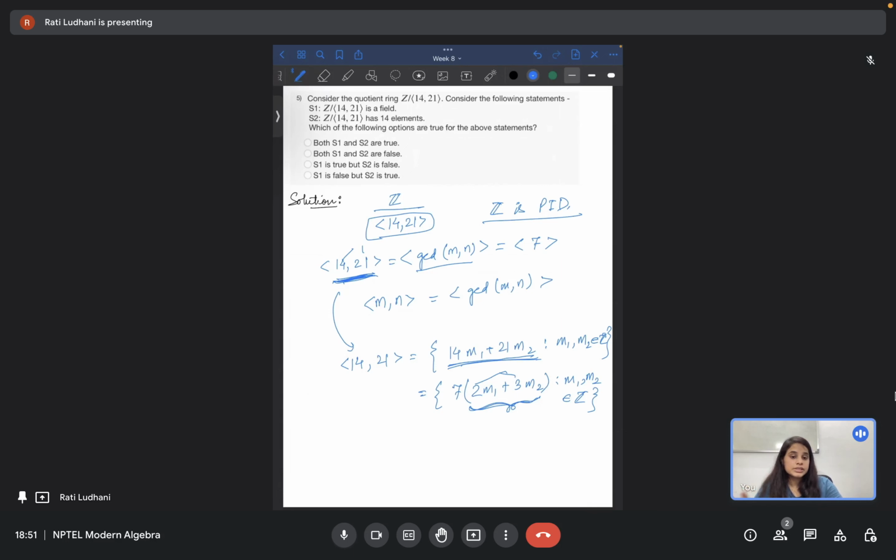So that means there exist M1 and M2 such that this value is equal to 1. This implies you have 7 in this set definitely. So 7 you have, and from this set you can say that you have 1, and if you have 1 you can have all the multiples of that. So that means this is just 7N where N belongs to Z. So this is actually the multiples of 7.